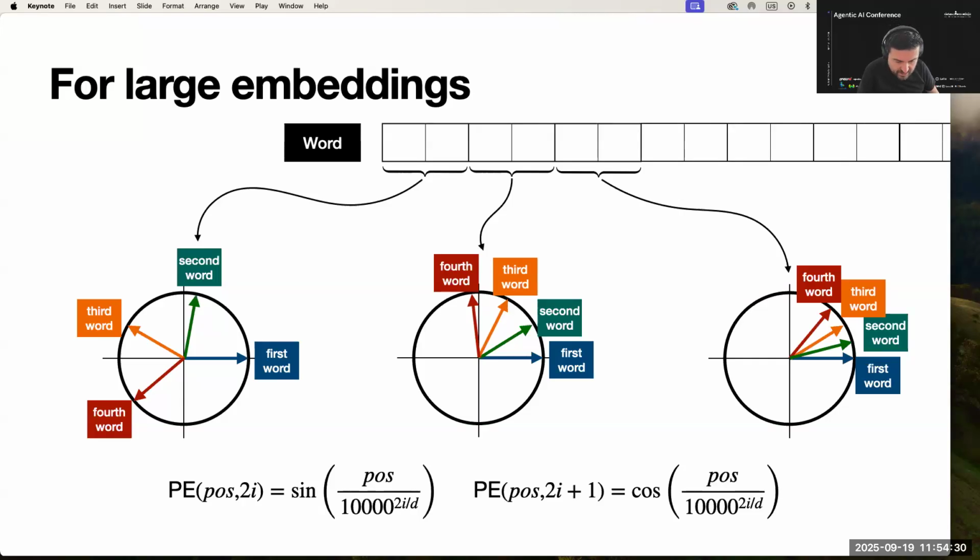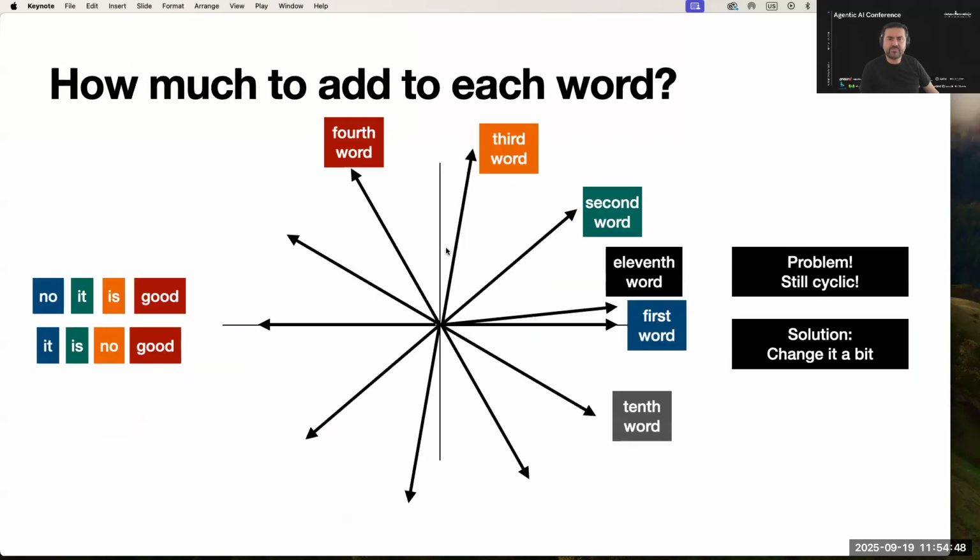Oh, Robert has a question. With longer sentences, the impact of positional encoding decreases. Yeah, that's a great question, Robert. If I have a really long sentence, for example here, if my sentence is 11 words long, the 11th word gets moved just like the first word, so that's not good.